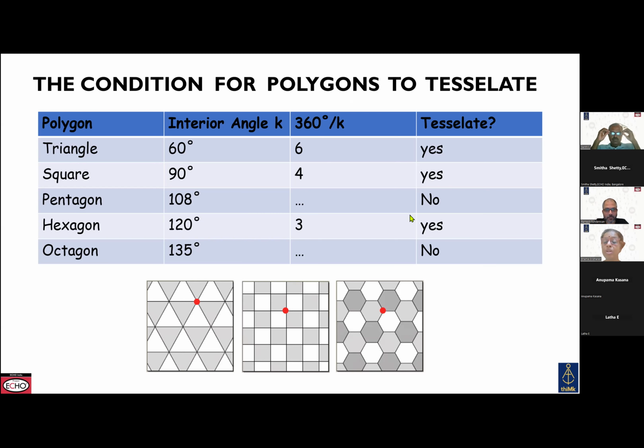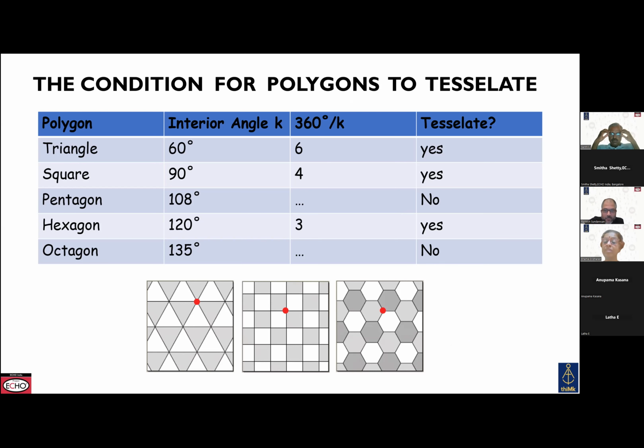Correct. So now if you look at equilateral triangles, we see 6 of them meet at a point. Why do 6 of them meet? Because 360 divided by 60 is 6. I have marked these red dots. If you concentrate on the red dot, we see that 6 triangles meet at that point, 4 squares meet, and only 3 hexagons meet. Why?